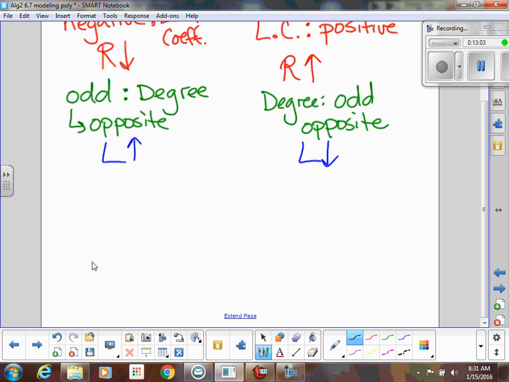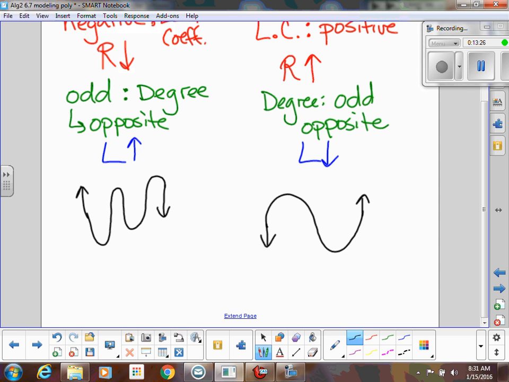Well, I know that when I have all my hills and valleys and everything, the left is going to be going upward, the right is going to end up going downward, and then I'll have some kind of loops in the middle. Okay, over here it would be just the opposite. The left is going to end up going down, the right is going to end up going up, and then I'll have some loops and stuff in the middle.